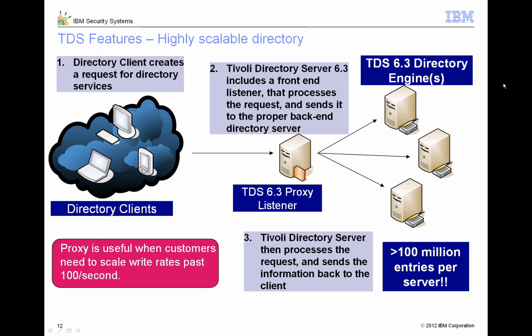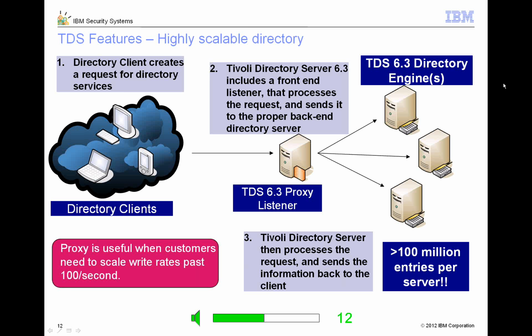So the TDS clients will communicate with TDS proxy, which is a listener process. And since you have used TDS proxy to partition the data across multiple server instances, TDS proxy will exactly know where the user resides.